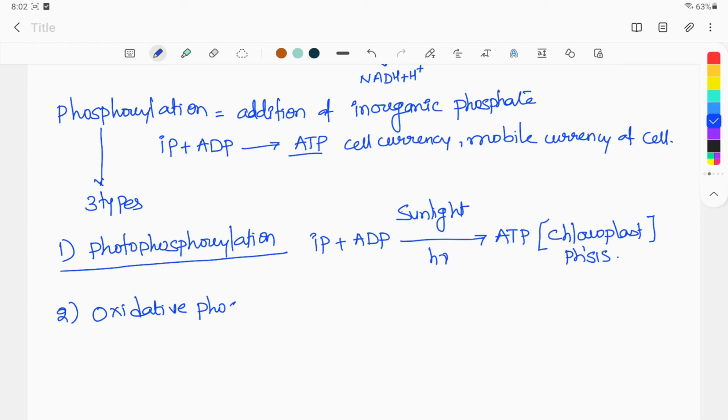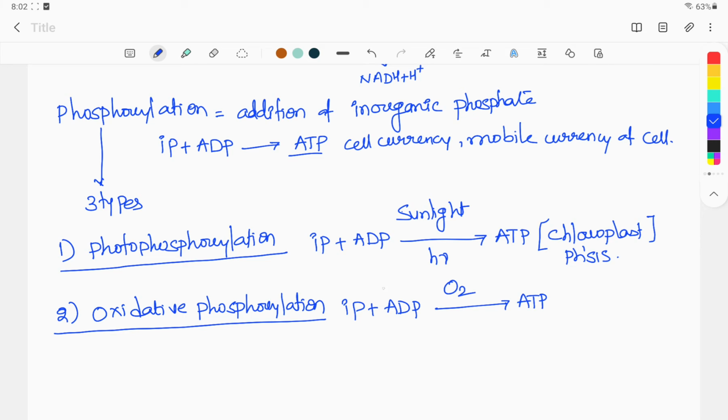Oxidative phosphorylation is also addition of inorganic phosphate to adenosine diphosphate to convert into adenosine triphosphate. This is driven by oxygen. It is an oxygen driven process, whereas the earlier one is driven by sunlight.